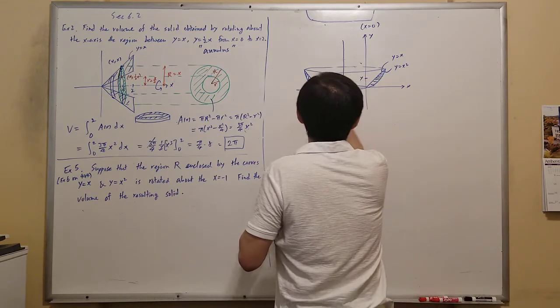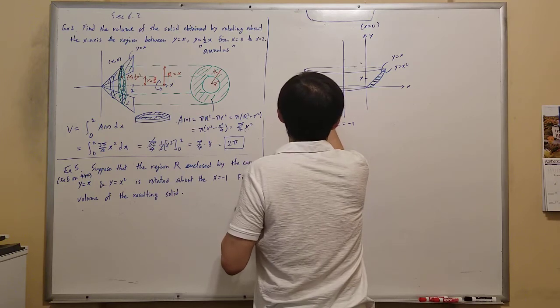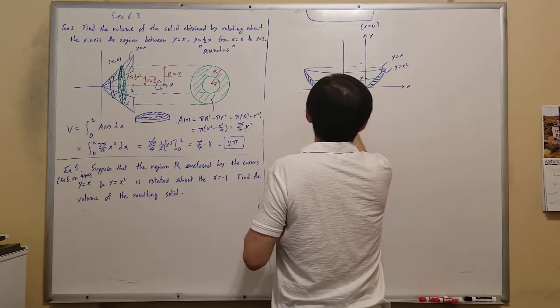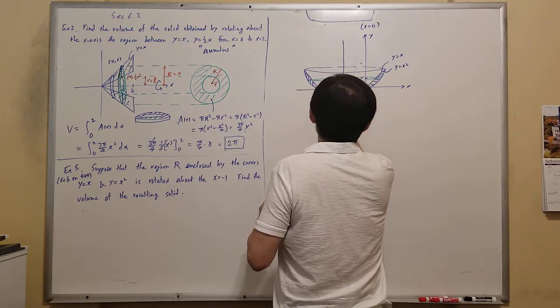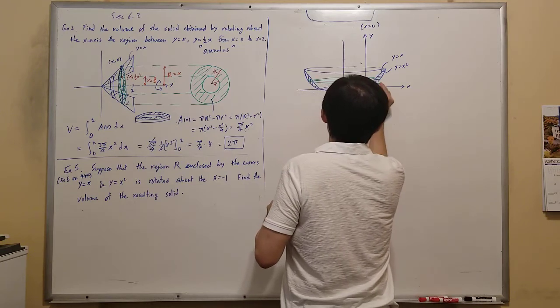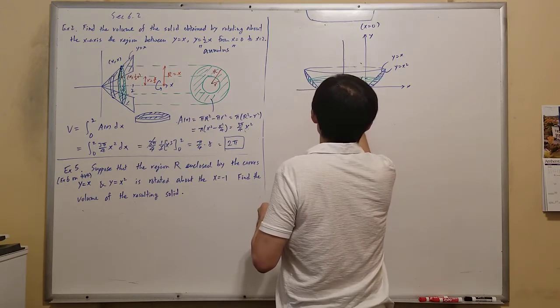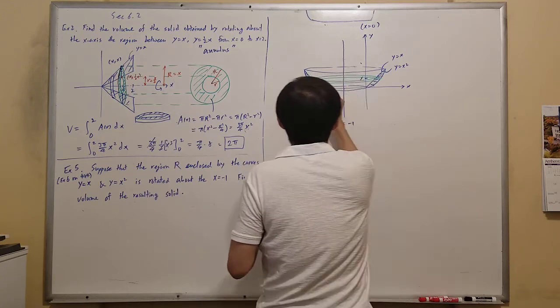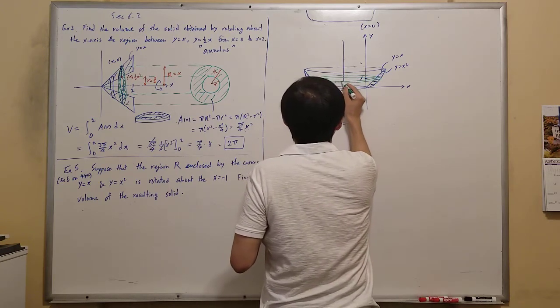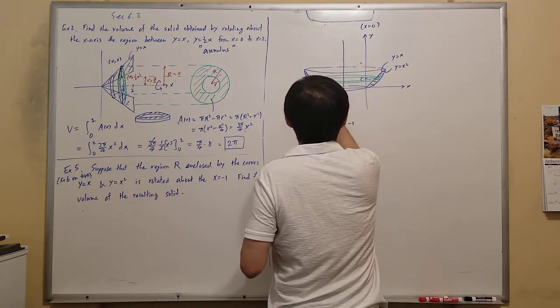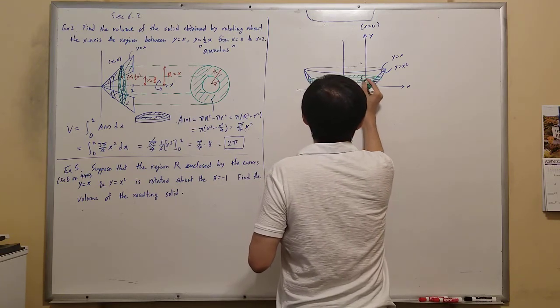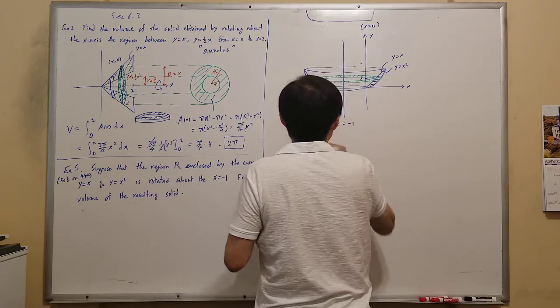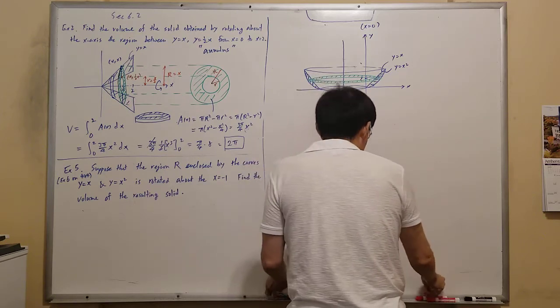You get this region. Again, this will be an annulus, so we have to use the washer method again, right? We just need outer radius and inner radius. So let's do that.